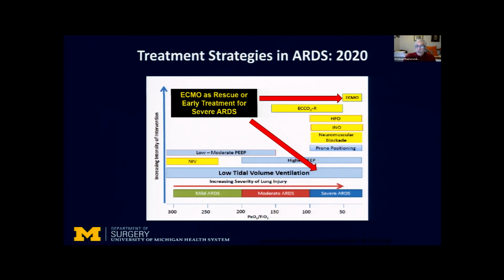By and large, if you look at the literature, there is very little data to suggest ECMO should be used for mild or moderate ARDS or for prevention of severity of complications. So we use ECMO as a salvage therapy, as a rescue therapy for severe ARDS, and that's where we will concentrate.